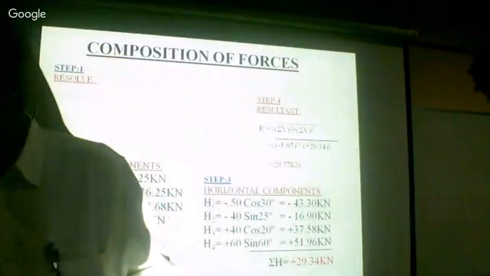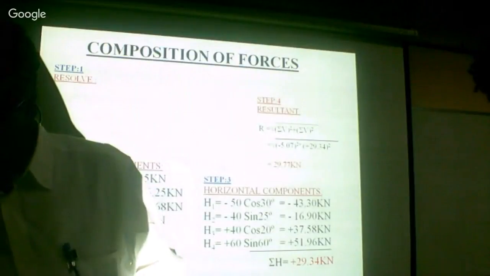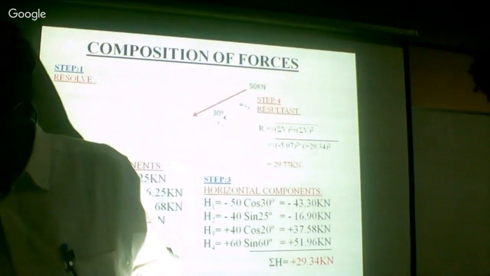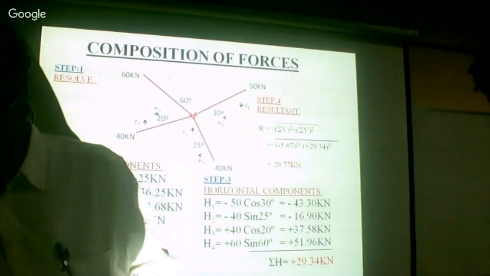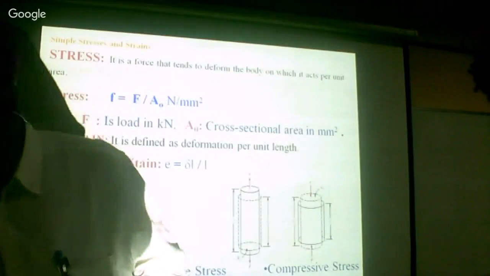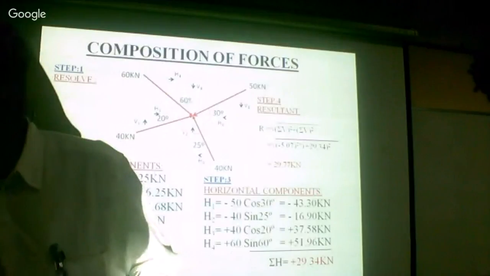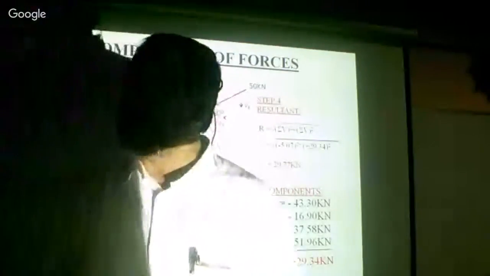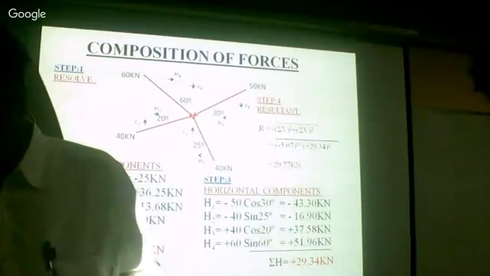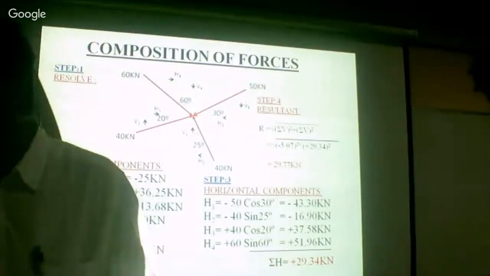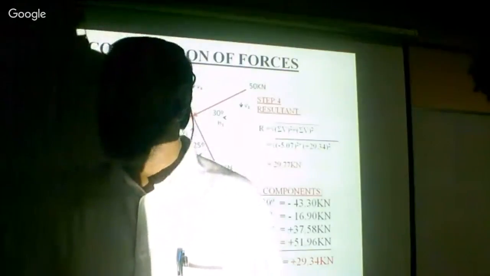In composition of forces there are 4 steps. One is resolving the forces into horizontal and vertical components, then summing them up, the sum of the vertical components and the sum of the horizontal components, then taking those sigma V and sigma H, and calculating the resultant of the force.